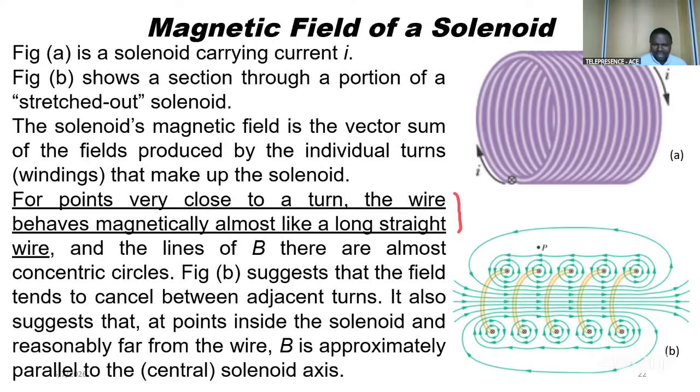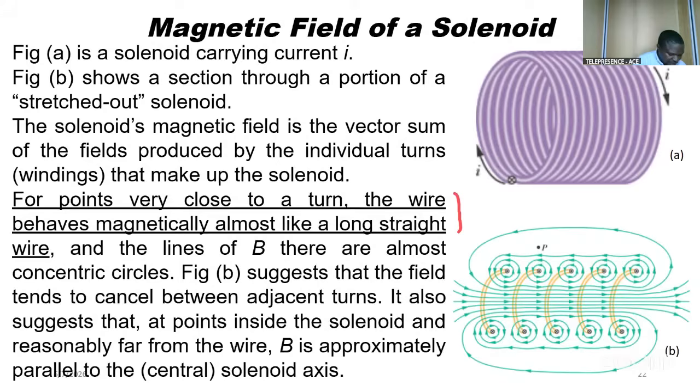Figure B suggests that the field tends to cancel between adjacent turns. It also suggests that at a point inside the solenoid and reasonably far from the wire, B is approximately parallel to the solenoid axis.